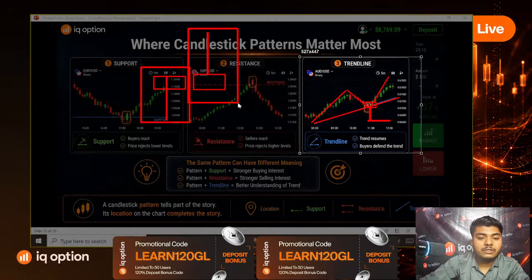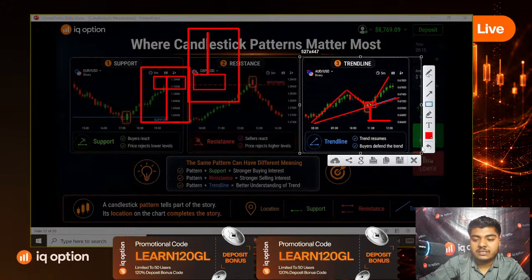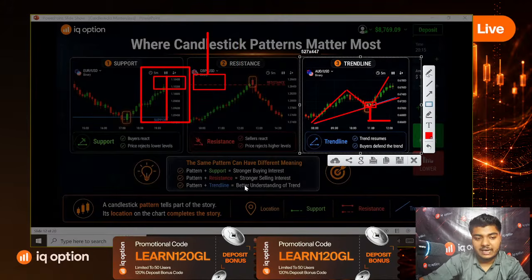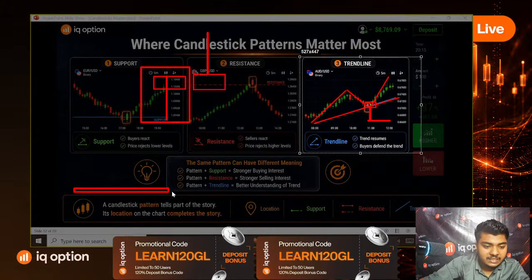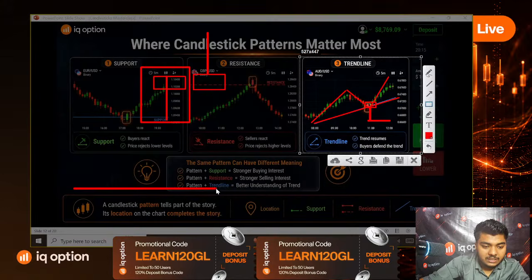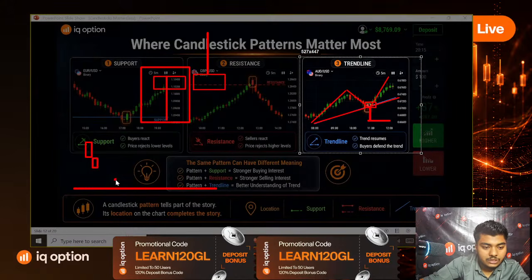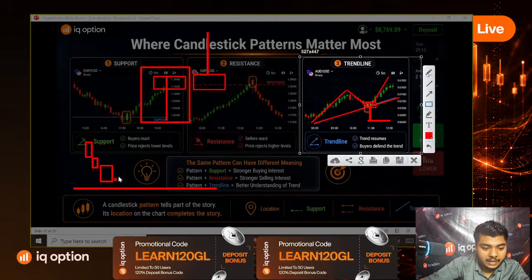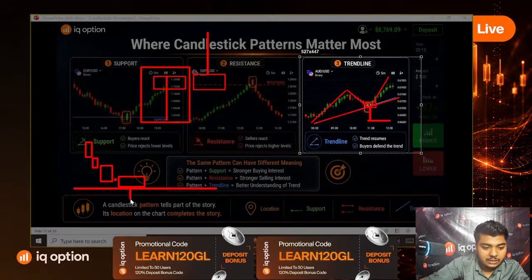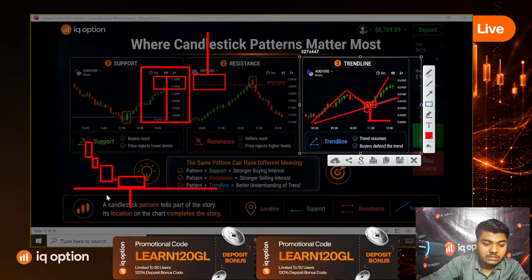This hammer shows the pressure of sellers, but they are both formed as bearish candles. Suppose this is a support area. In a support area, if we find that selling candles come down, down, down, and eventually we find a candle closing exactly at our support area.